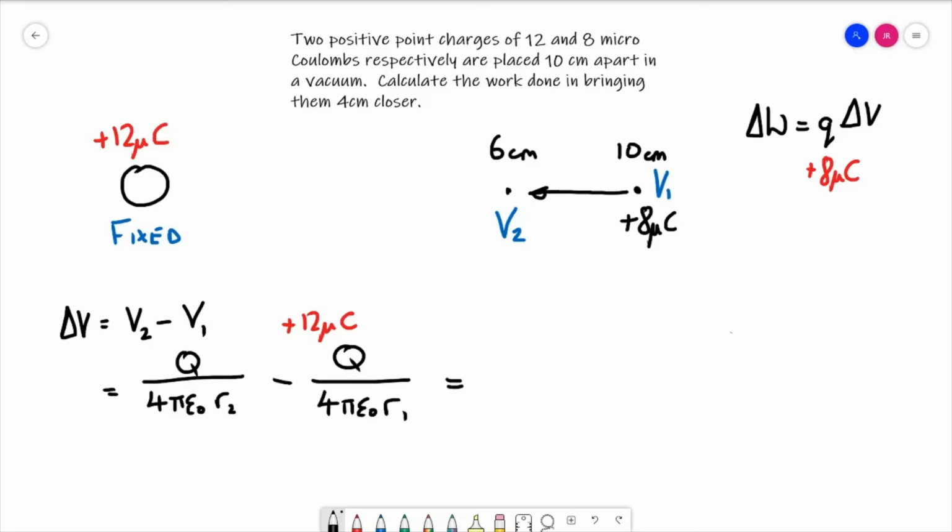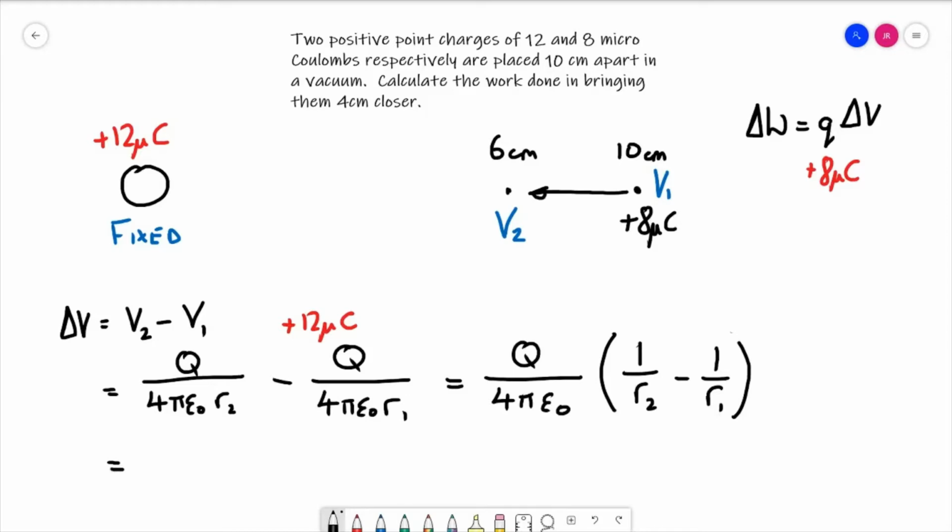So just to neaten things up, I'm first going to write this as Q over 4 pi epsilon naught, which are our like terms, and we're going to multiply that by brackets 1 over R2 minus 1 over R1. We can now start to plug some numbers into the equation.